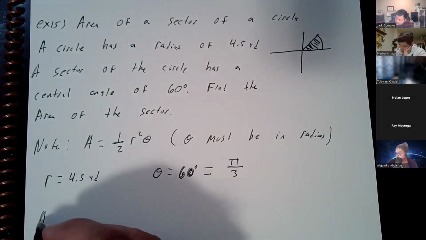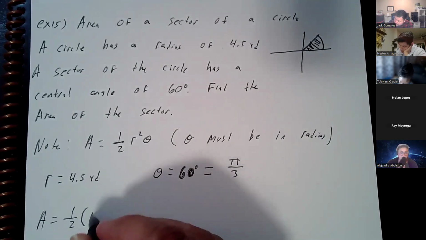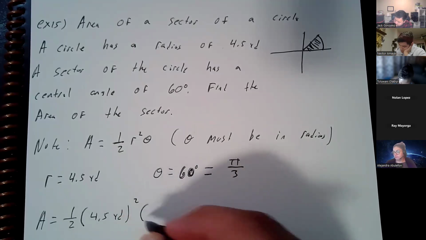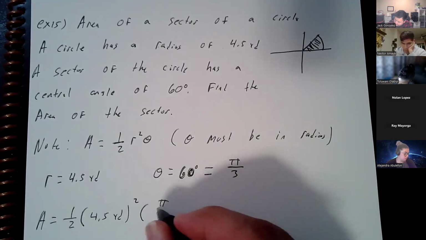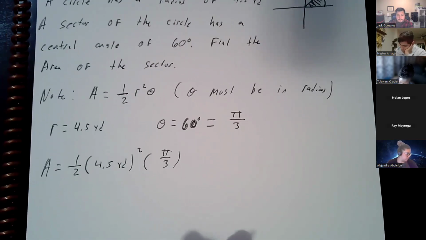So the area will equal 1/2 times 4.5 yards squared times pi over 3.